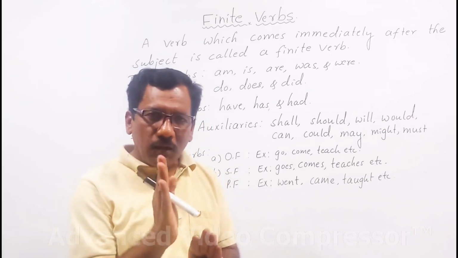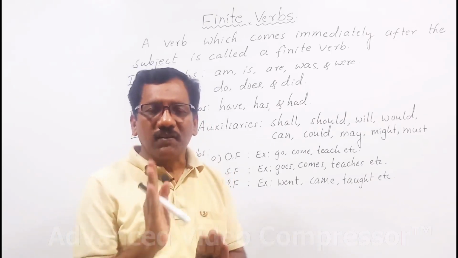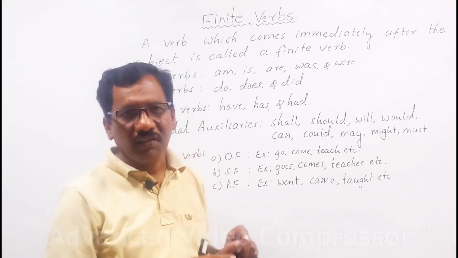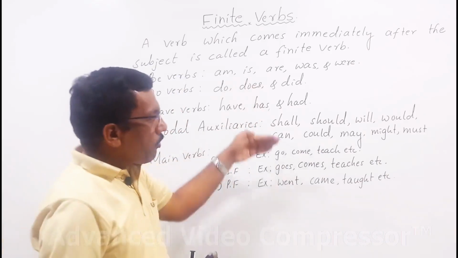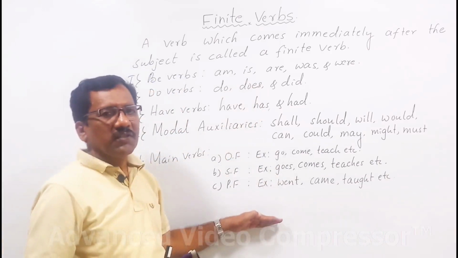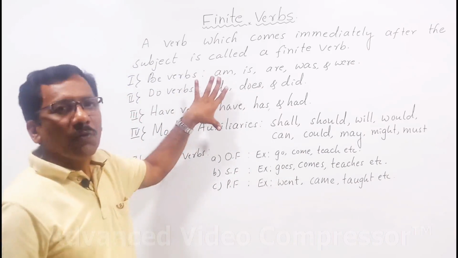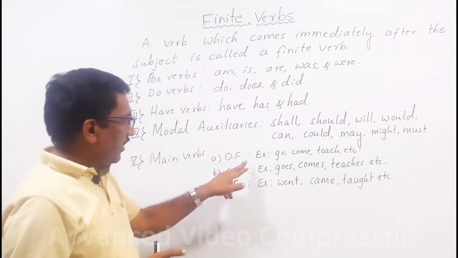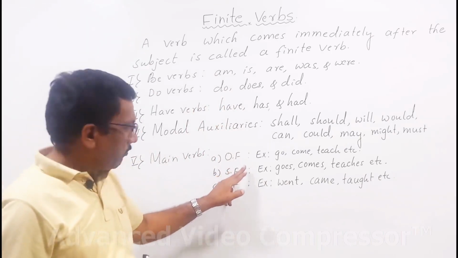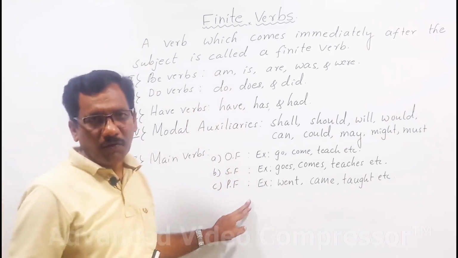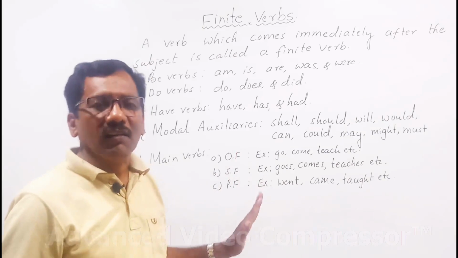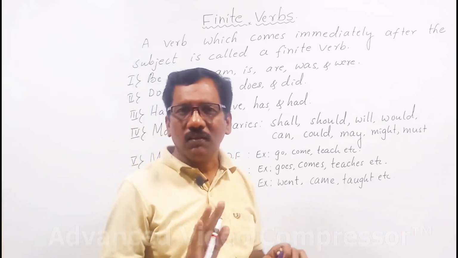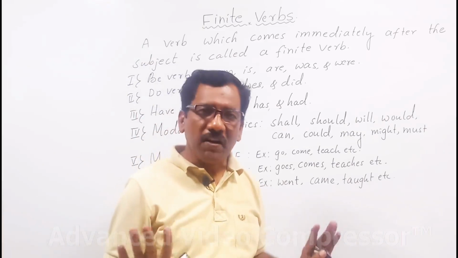A word which comes immediately after the subject, we have to understand that word is finite. After seeing all these words, what did you understand? All the helping verbs in English are finite verbs. And the main verbs like original form, S form and past form, which come immediately after the subject, therefore we call them finite verbs.